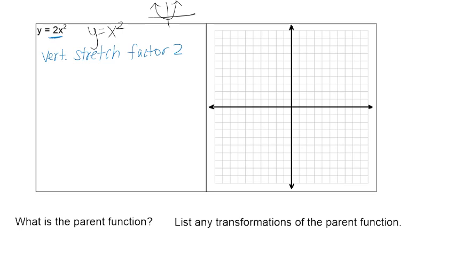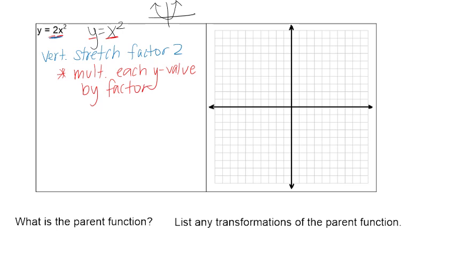The main thing that we need to know, and I'm going to show this to you in a table of values as well, is that if our parent function has y equal to x squared, all that I'm doing is multiplying that y value by 2. So we will multiply each y value by the factor, in this case 2.